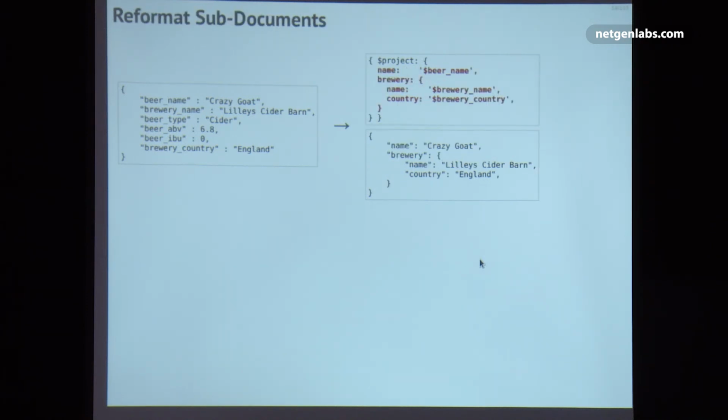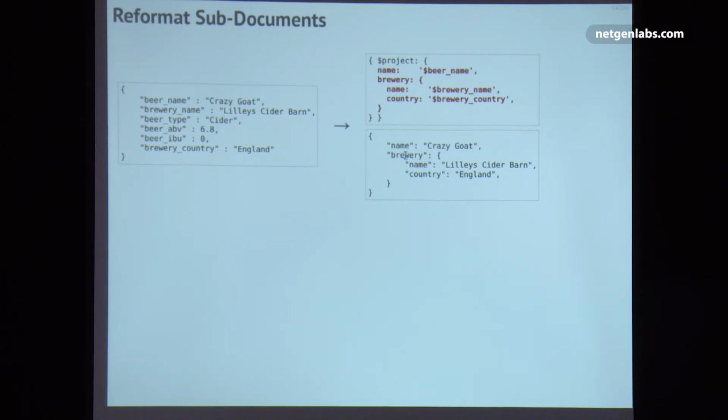Another thing you can do is reformat subdocuments. So, for example, information here about the brewery, there's a few different fields about it here, right? There's the brewery name and the brewery country. Say, for example, I want to have those both as subfields of the brewery field, and I can do that as well. So define the brewery as a new top-level field, create an embedded document where name and country are then both fields, so values from a different field name.